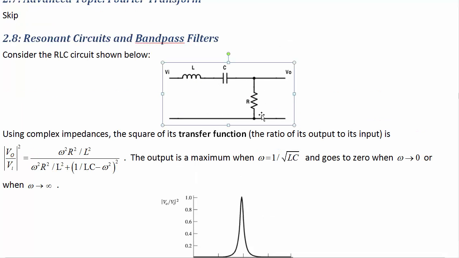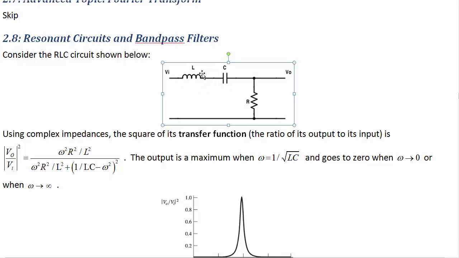Now, let's look at this a bit qualitatively. When the frequency is really low, the inductor doesn't have a very strong response, so low frequencies just pass right through inductors, but they get stopped by capacitors. The capacitor doesn't let low frequency current go through. Imagine the extreme case of DC current.